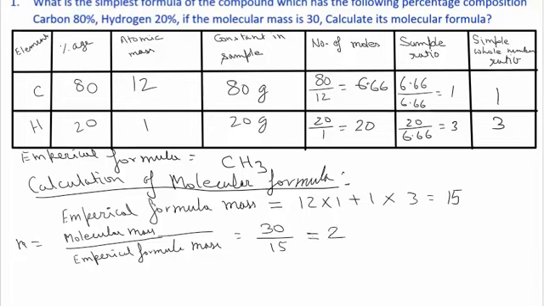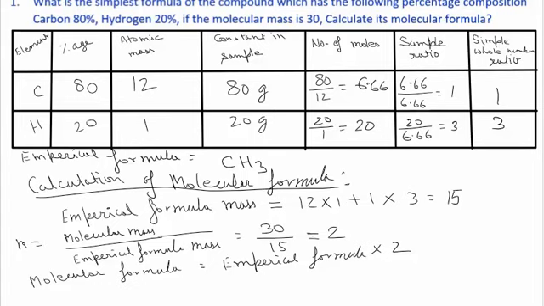Molecular formula is equal to empirical formula into 2. Therefore molecular formula is equal to CH3 into 2, that is C2H6.